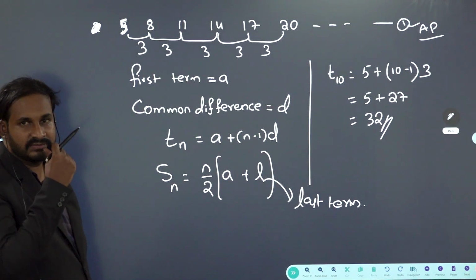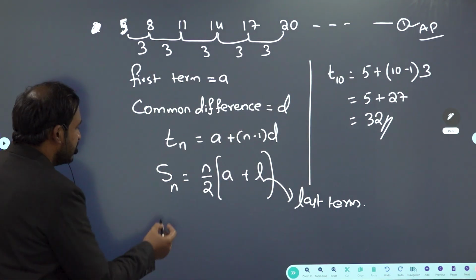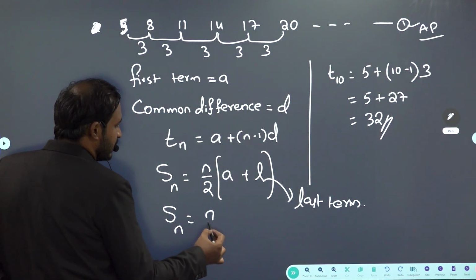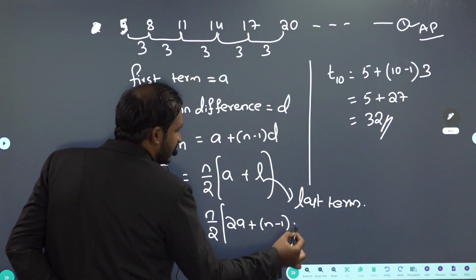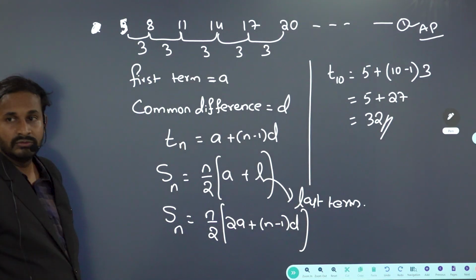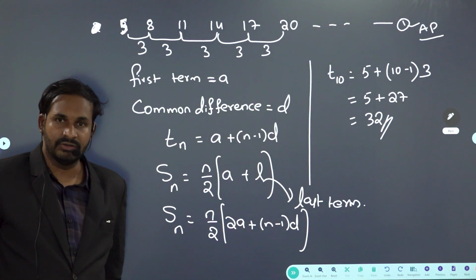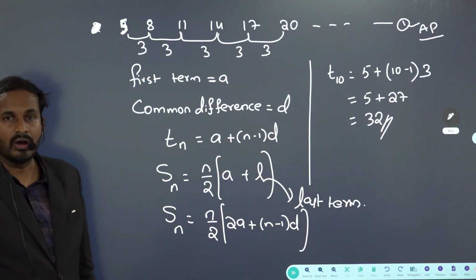Sometimes we may know the last term, sometimes we may not know it. In that case, the formula for sum to n terms will become n by 2 into 2A plus n minus 1 into D. In this case, definitely we should know the common difference.